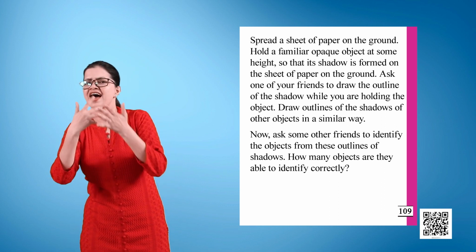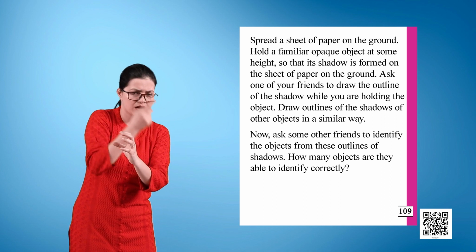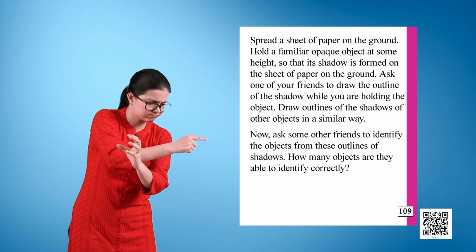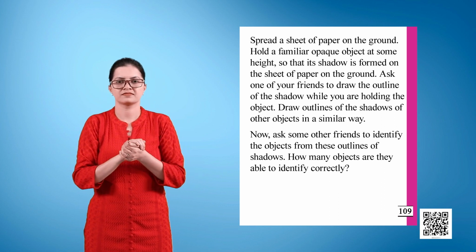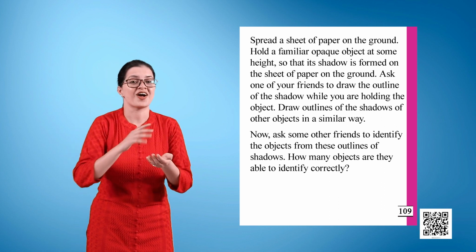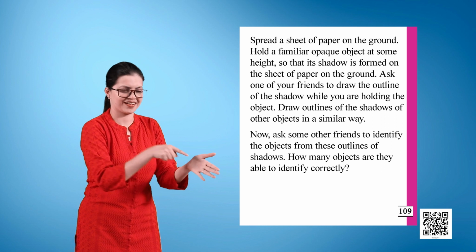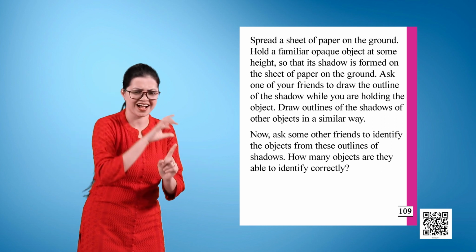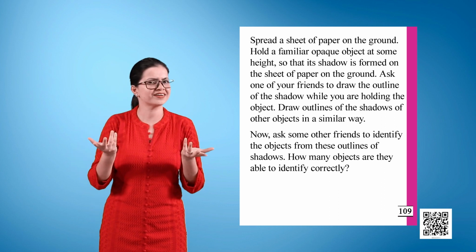Ask one of your friends to draw the outline of the shadow while you are holding the object. Draw outlines of the shadows of other objects in a similar way. Now ask some other friends to identify the objects from these outlines of shadows. How many objects are they able to identify correctly?